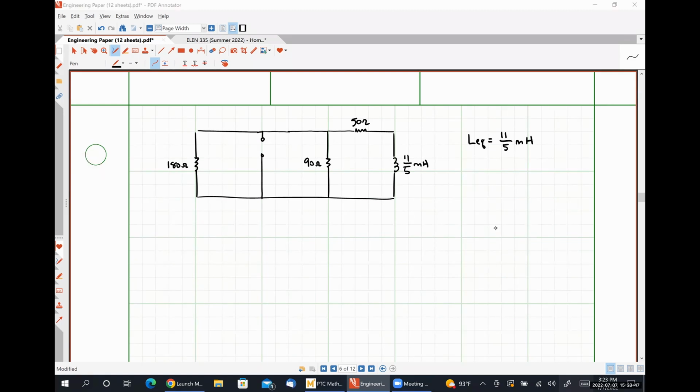Now to determine our resistance, we are going to simply remove our inductor, and look in and figure out what it is that we see. Anybody have any thoughts?